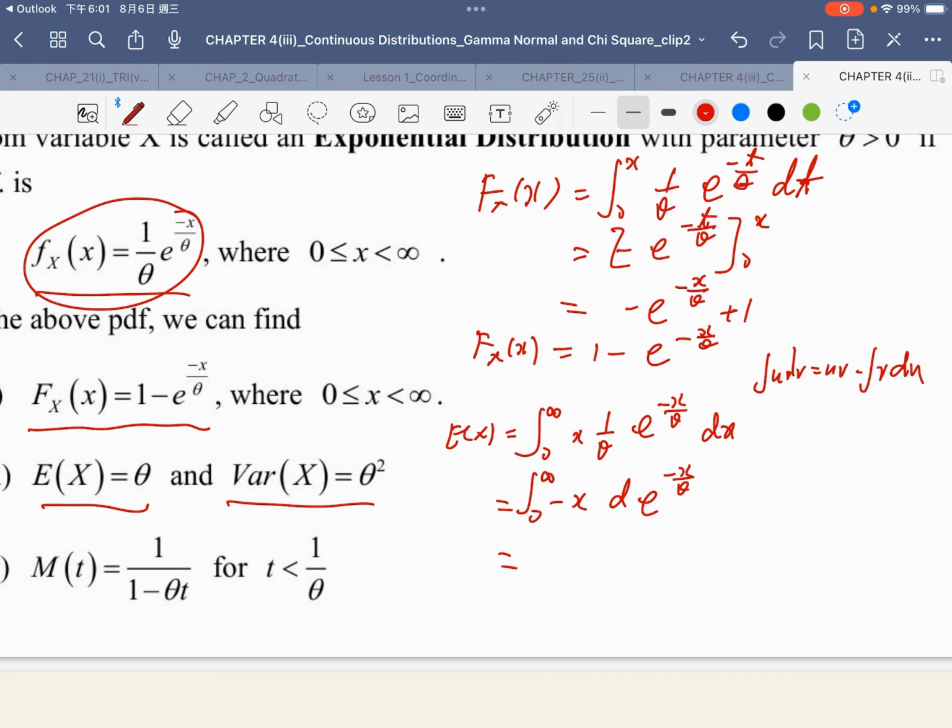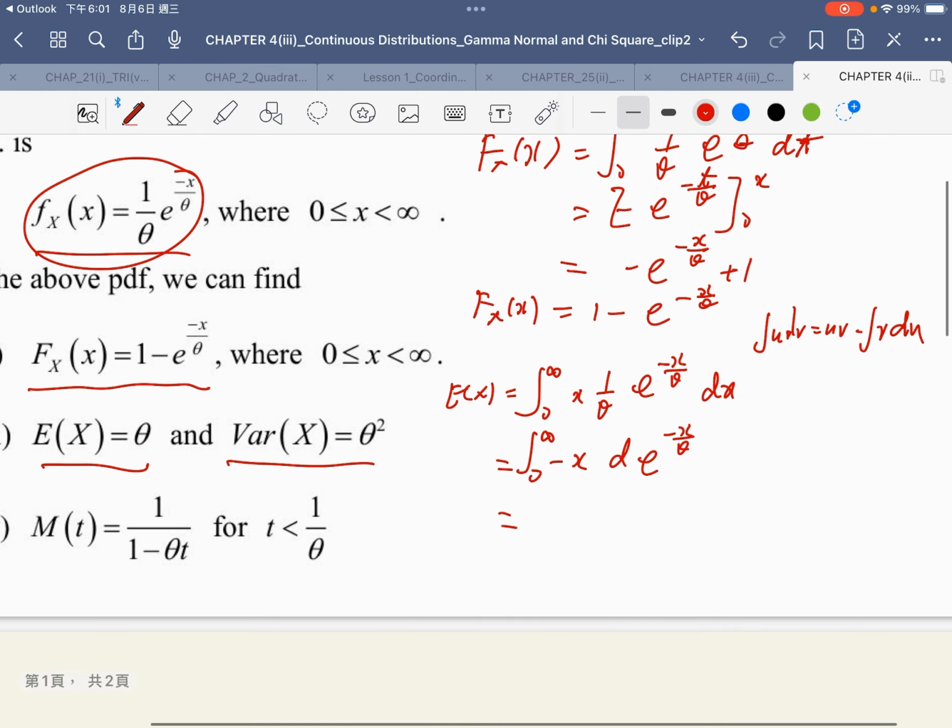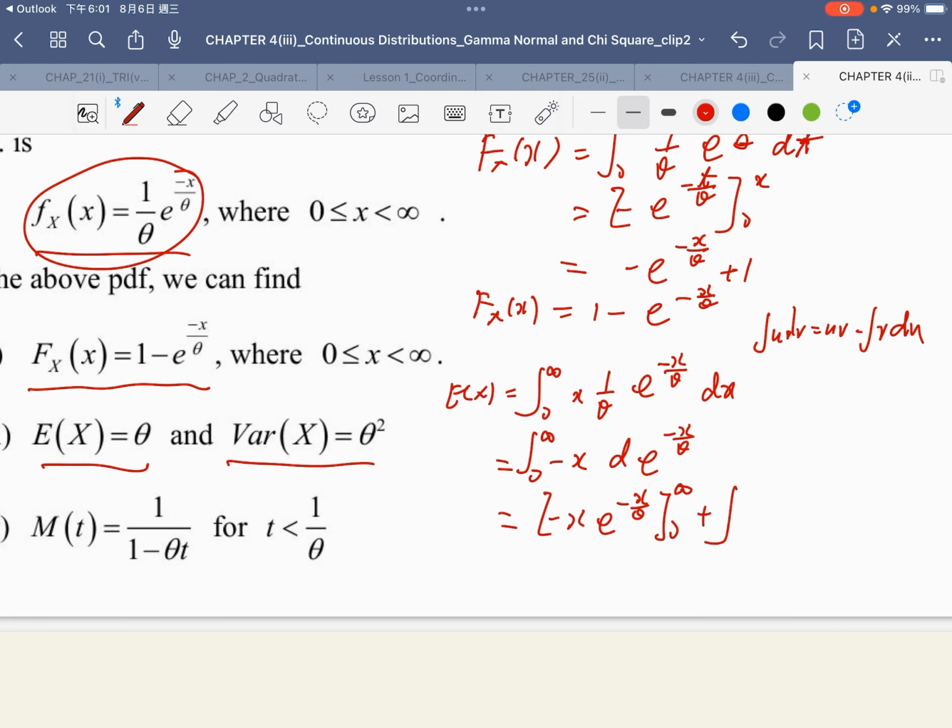We have negative x times e to the power negative x over theta. That's the first part, plus the integration, change these two, and the negative sign becomes positive. The first part is 0: when putting infinity into this, it is 0, and putting 0 into this is also 0.